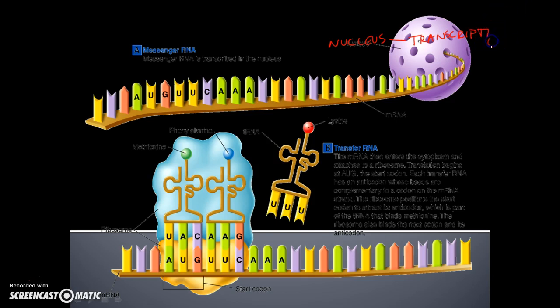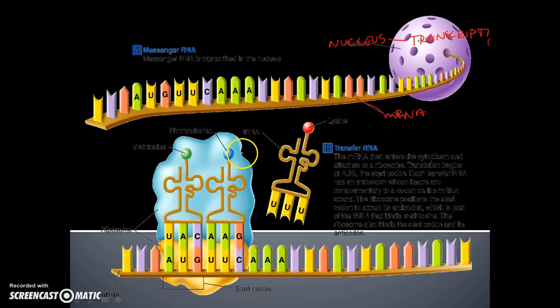But transcription happens in the nucleus. And then messenger RNA is going to come out. So here is our messenger RNA. Messenger RNA is going to come out, and it's going to find a ribosome.